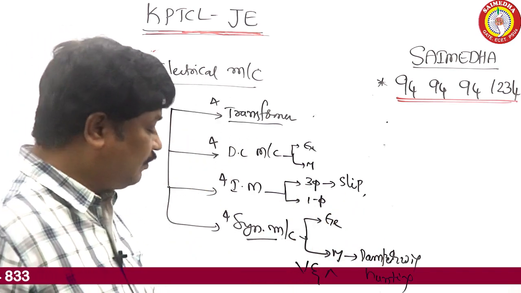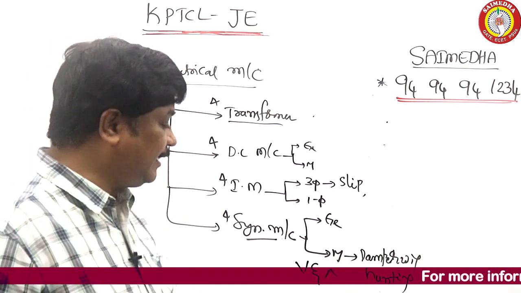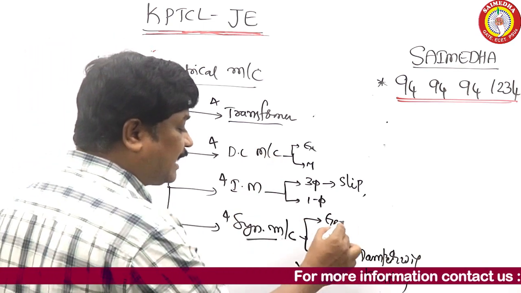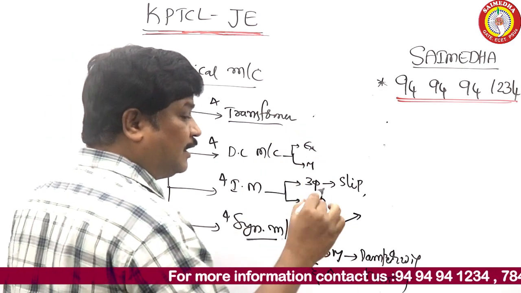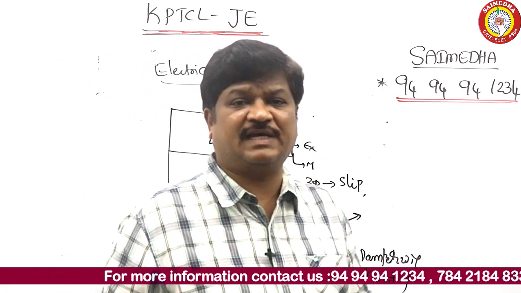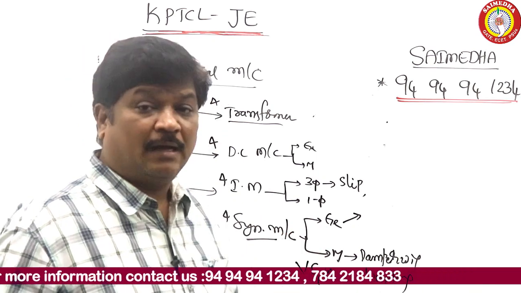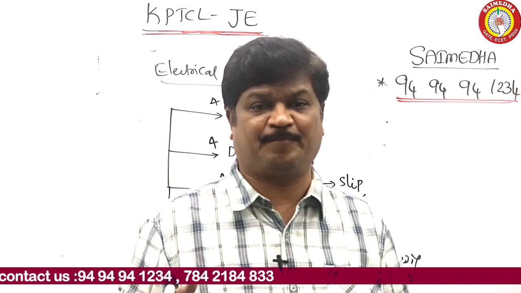V and inverted V curves, hunting, prevention of hunting, and damper windings purpose. Coming to the generator, what are the various types of generator? What are the differences? Smooth cylindrical, salient pole machine. How to differentiate? And short pitched winding, coil span factor, there is a question.